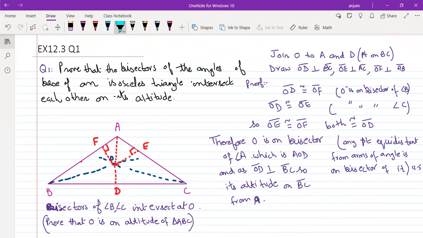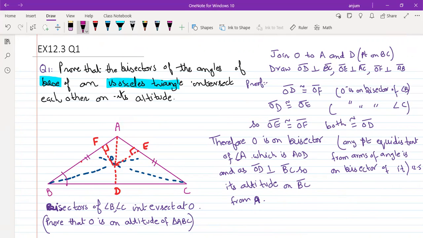So there is an isosceles triangle ABC, and BC is the base of it. The two sides AB and AC are congruent to each other.